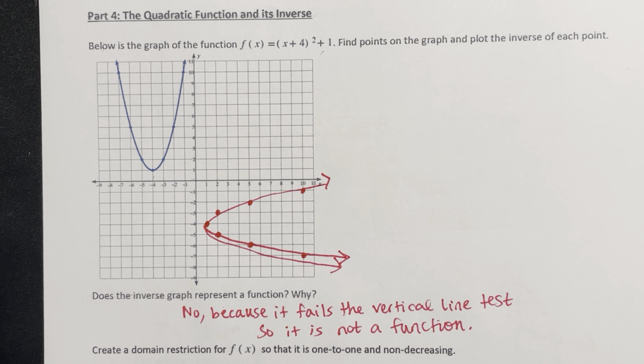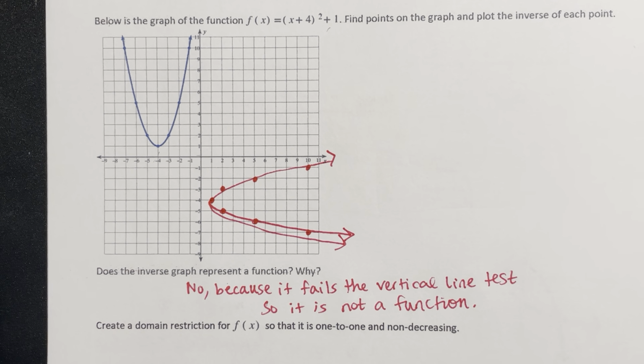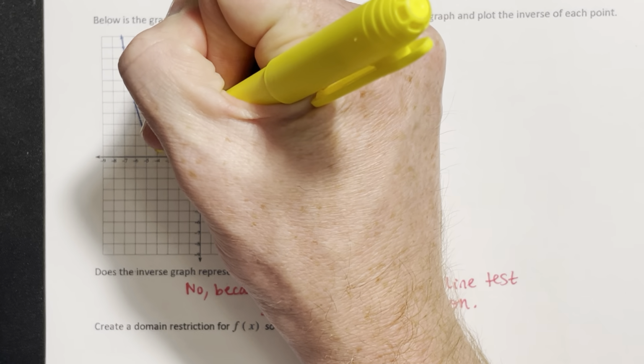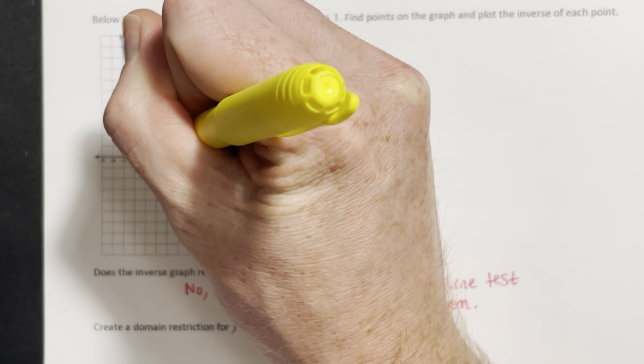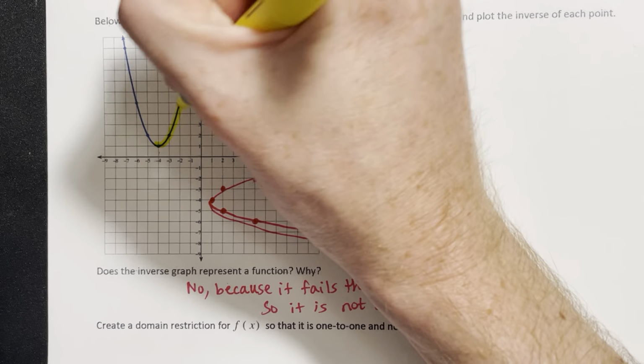So in this second question, we have to create a domain restriction for the function f of x so that it's 1-to-1 and non-decreasing. Now, non-decreasing is a weird way to say that we're increasing, but technically it's not increasing right at that vertex, so we're saying the words non-decreasing.